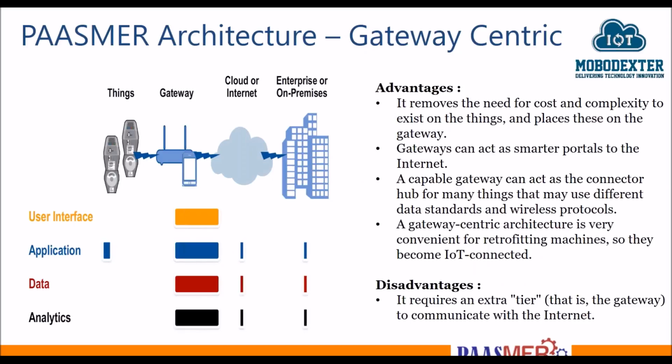So you can add all the capability in the gateway to connect with any kind of things and any kind of machines to get data and control, right? And so gateway-centric architecture is very convenient for retrofitting machines so they become IoT connected.